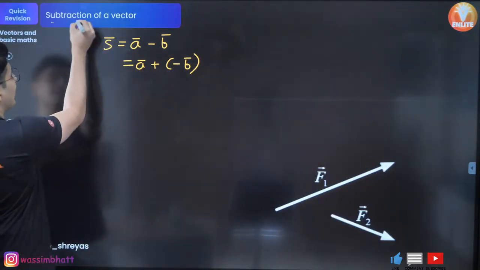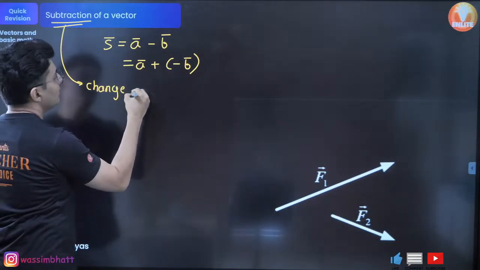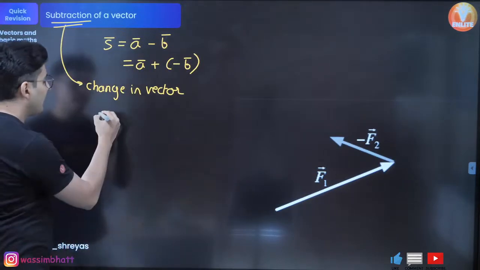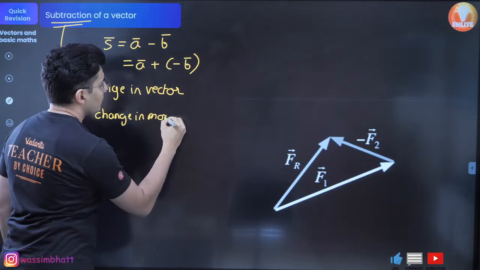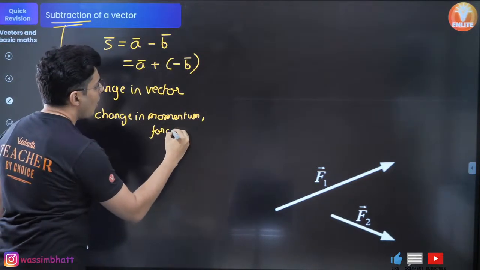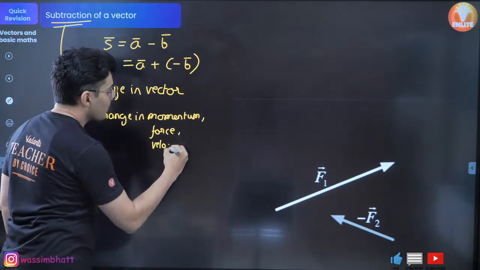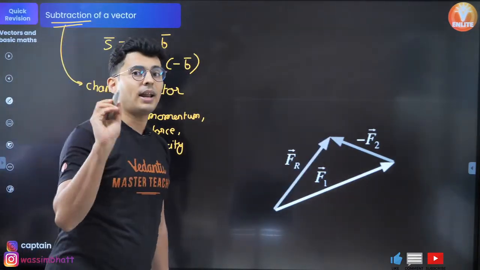That will give you the resultant subtracted vector. Whenever you see subtraction, you are generally talking about the change in the vector quantity. So all those places where you are talking about change in momentum, or change in force, or change in any such vector quantity like velocity, all those places you need to use vector subtraction.